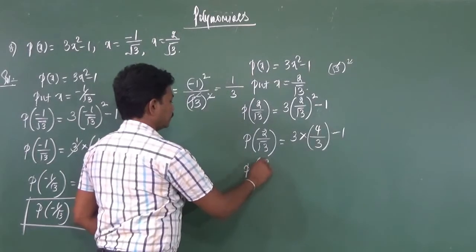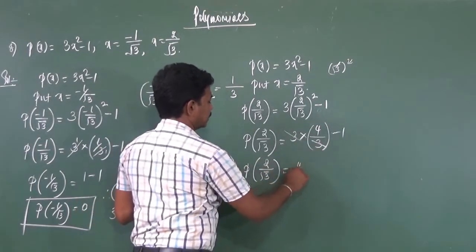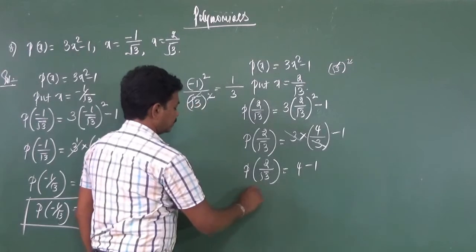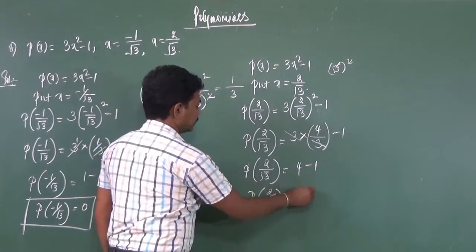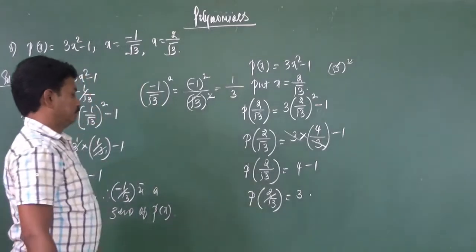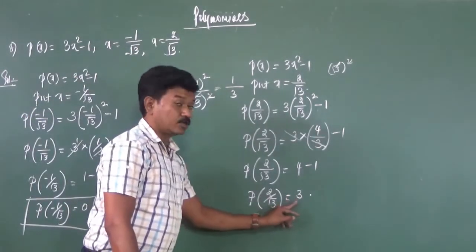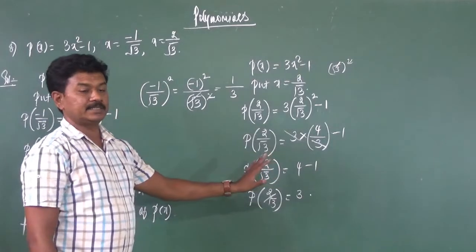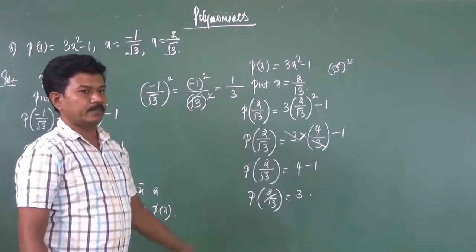So p of 2 by root 3 is equal to 3 and 3 get cancelled, that is 4 minus 1, which is 3. So p of 2 by root 3 is not equal to 0. It is a non-zero number we have got. We should get a 0, but we have got 3.